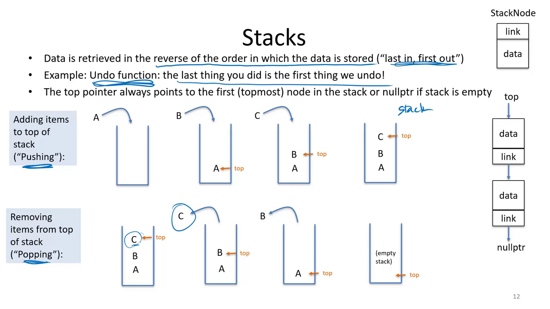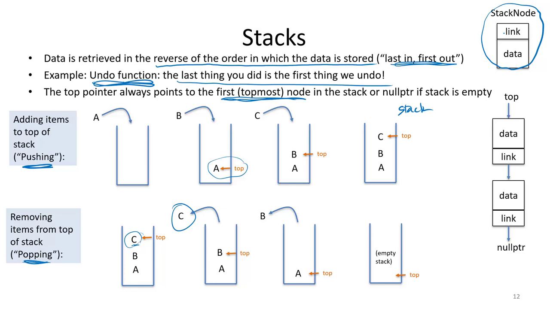Finally, you'll notice that the pointer called top will always point to the topmost or very first node in the stack. And if top points to null, then we know we have an empty stack. Believe it or not, it's actually pretty easy to build a stack data structure. We can create a node very similar to the ones that we used in our linked lists.